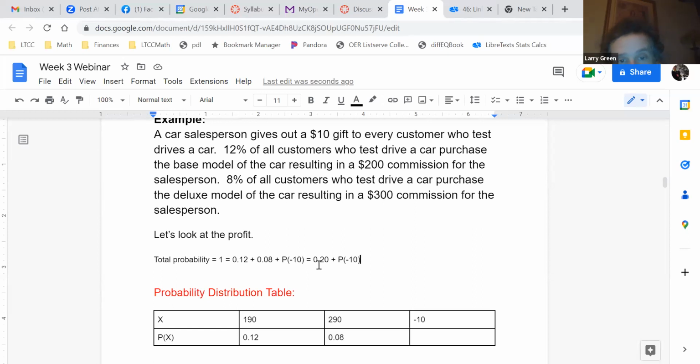So then 0.2 plus something is 1. And if you subtract 0.2 from both sides, you get 0.8. I'll write 80% because then it feels better. You can go either way. Any questions on how I arrived at that profit and this full probability distribution table?